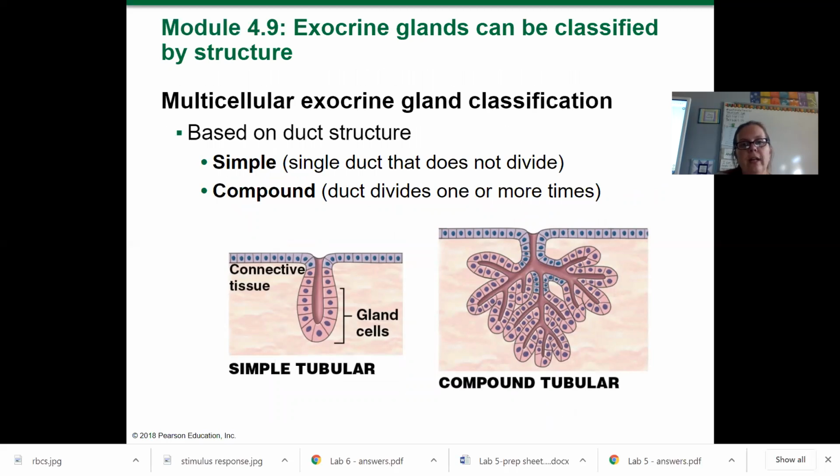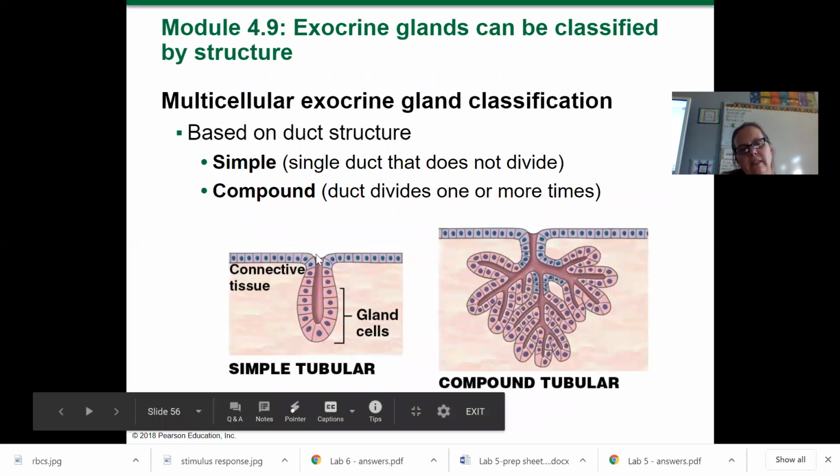There's multicellular and there's simple compound multicellular exocrine glands. Really the best way to describe this is when we get to it in the integumentary. But just to preview that, the simple exocrine glands are a single duct, and there's no branching, whereas compound has branching.